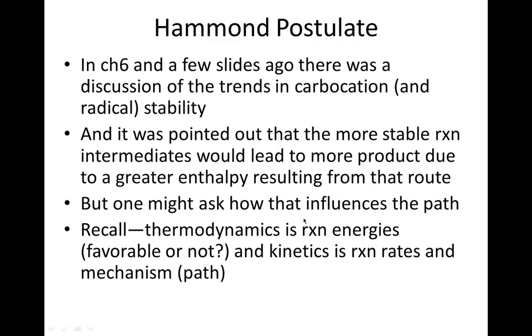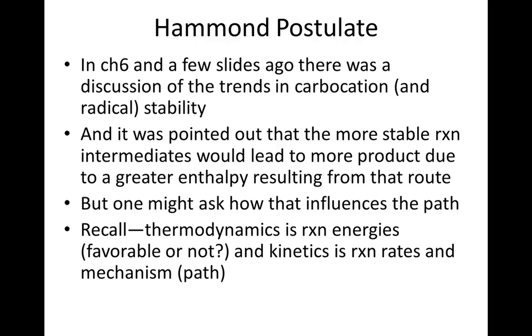All right, another thing, sort of foundation work still. In the previous chapter and a little bit ago, we talked about these trends in carbocation and radical stability. And I mentioned that when you have a reaction intermediate, that was going to have something to do with how the reaction was going to come out.